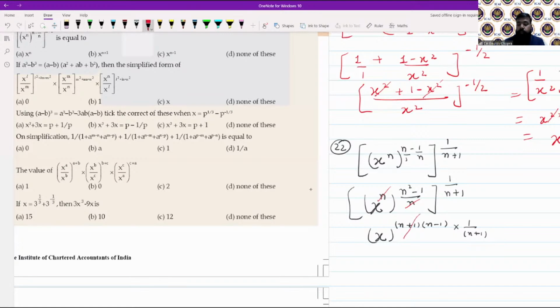So this n plus 1 will get cancelled. So what will be left? x to the power of n minus 1. All right. So this will be the correct answer.